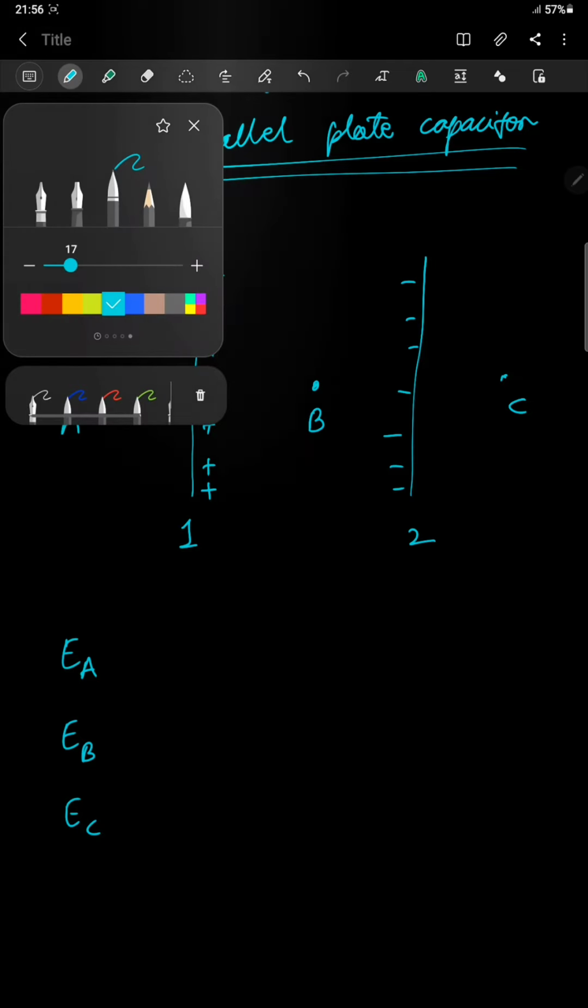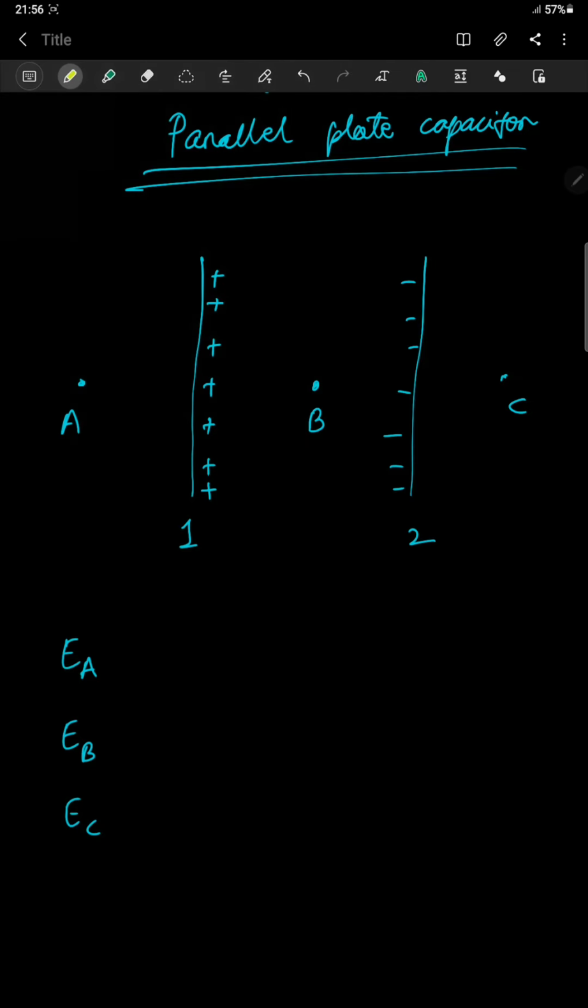Okay, you see here, remember one thing, this is all about lines of force. It is quite obvious, at point A the electric field due to the first plate will be along this direction, E1, and E2 is along this direction. Now what is E1? E1 is sigma by 2 epsilon naught. What is E2?